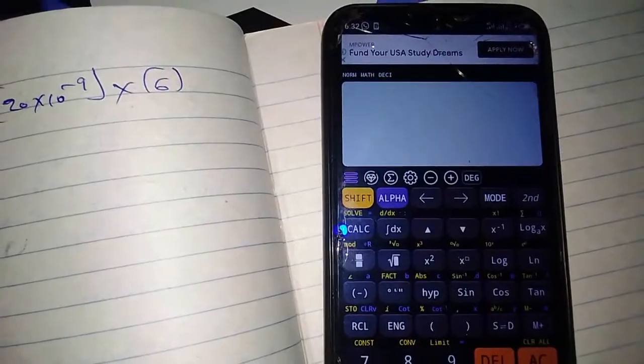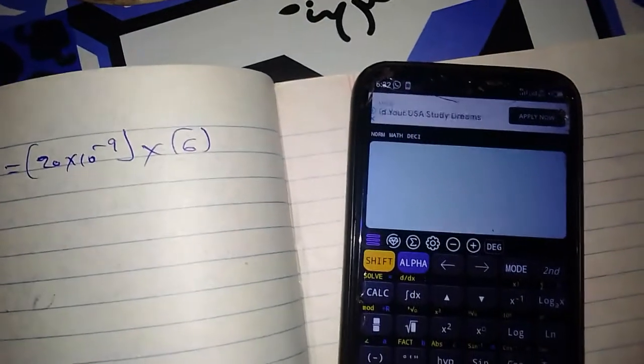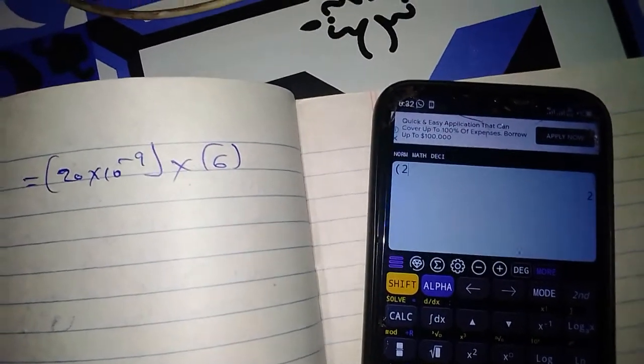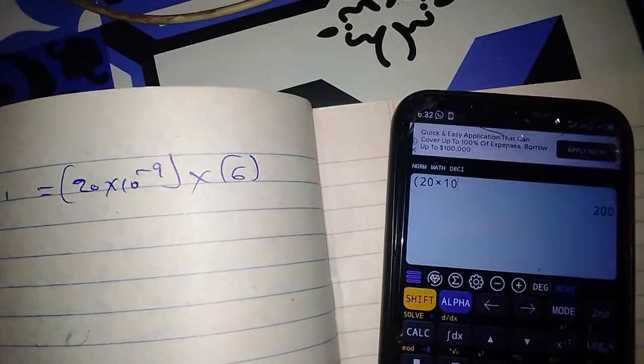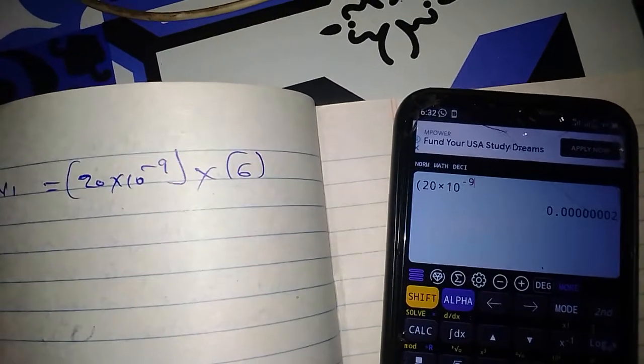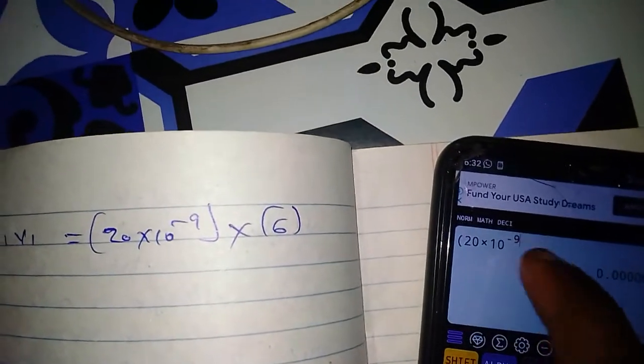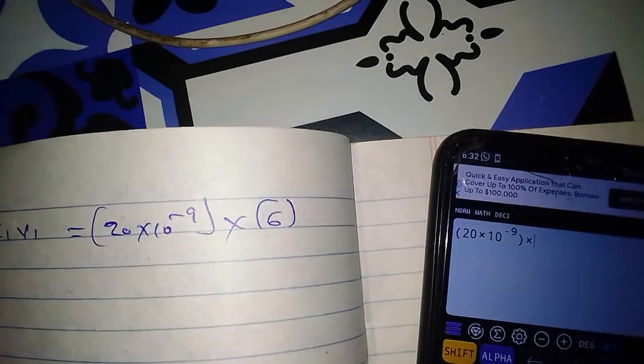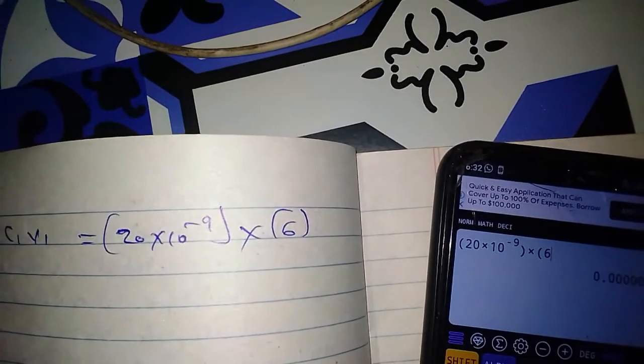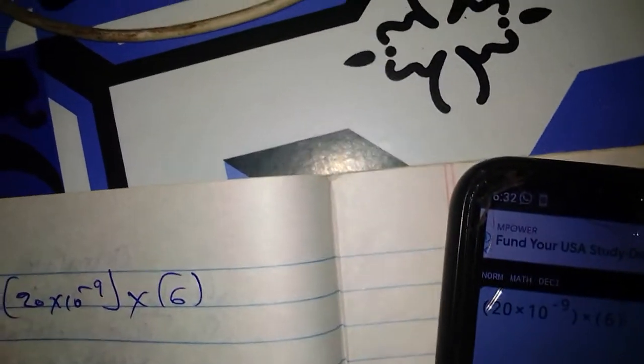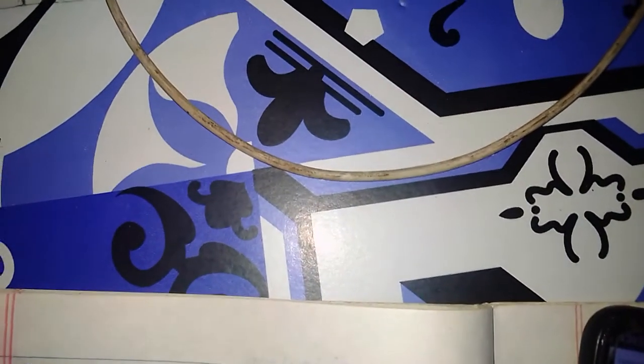So Q1 is 20 times 10 raised to the power negative 9 times 6 volts. We have 0.00000012 coulombs. Now Q2.